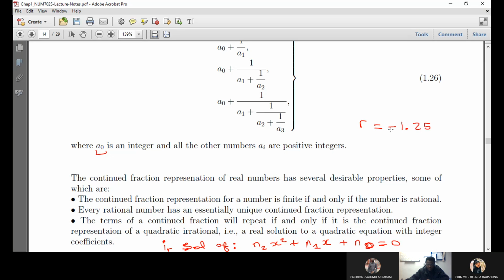You agree with me that my A0 will be negative 1. Then my fractional part will always be positive. So if I proceed from here, the remaining coefficient A1 will always be positive because it will come from this. So that's why in the definition, A0 is just an integer. If the real number is positive, A0 will be positive. If the real number is negative, A0 will be negative. But the remaining are always positive. So that's what this means. I hope it is clear for everybody.